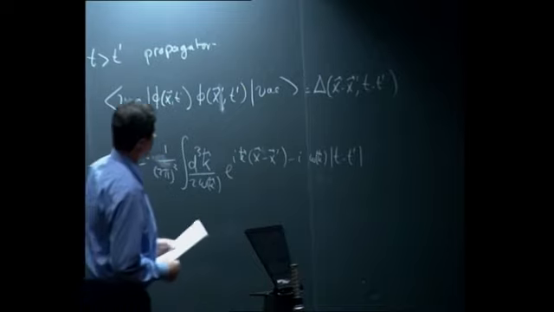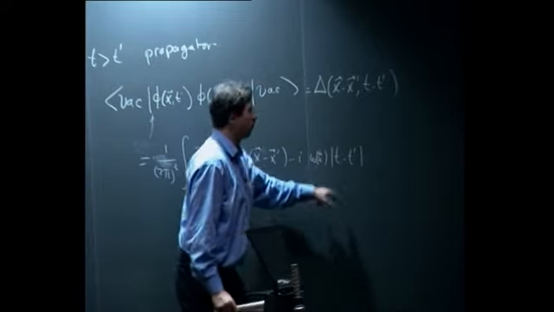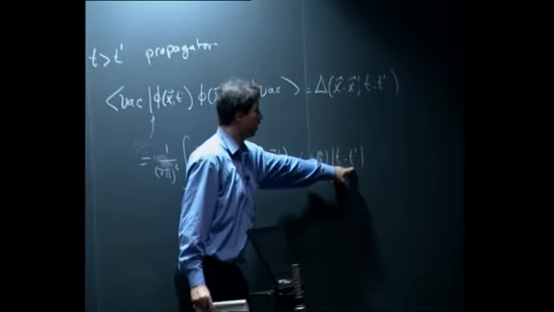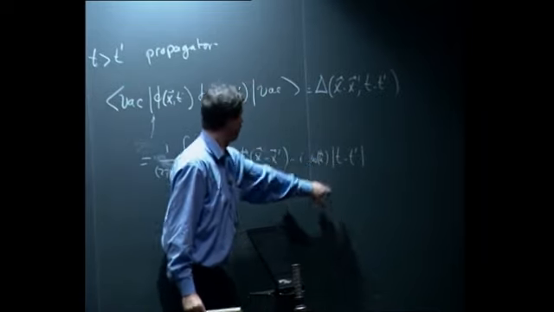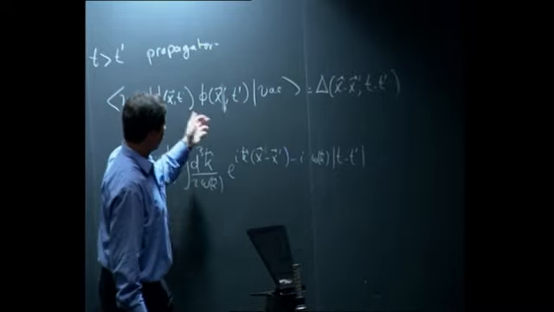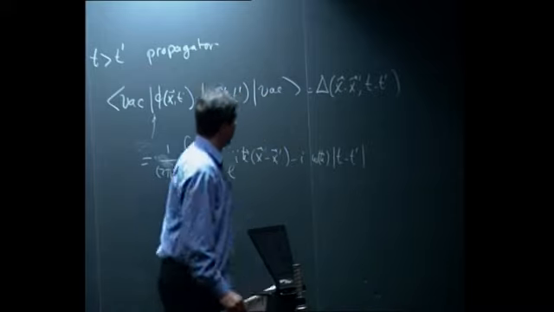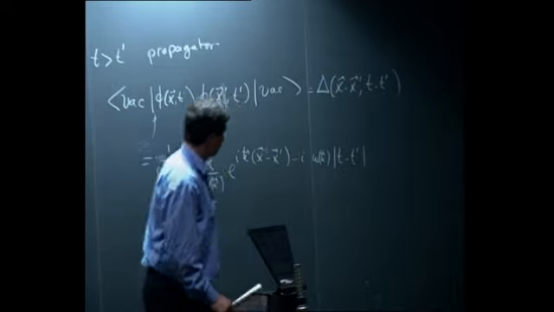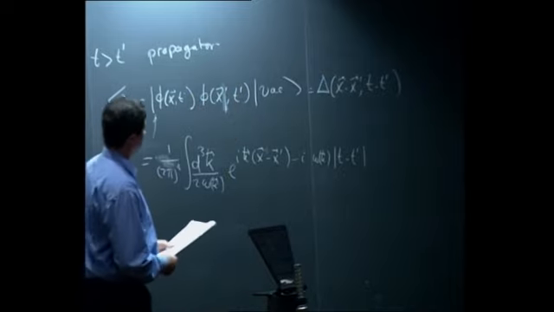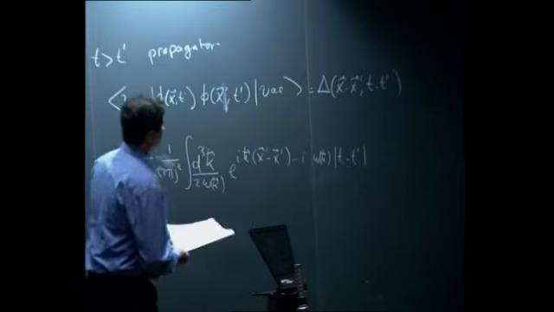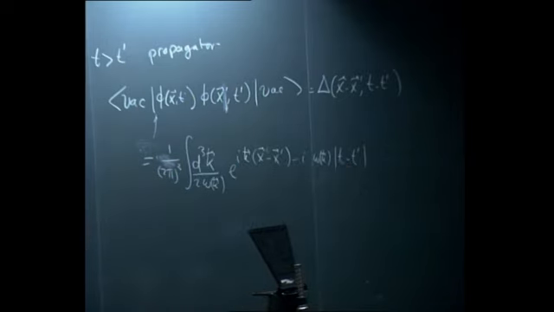And I write down here the absolute value just to indicate that indeed t should be larger than t prime, so this is a positive number. And if t is smaller than t prime, we should invert the order of these two operators, which amounts to changing the sign of this expression. So this is always a positive number, which is the absolute value of t minus t prime.